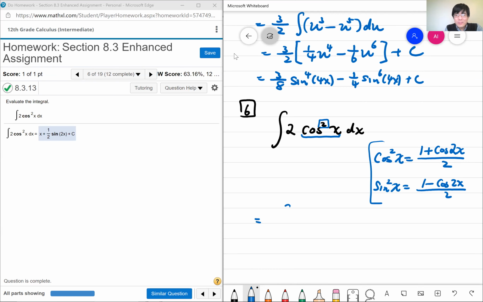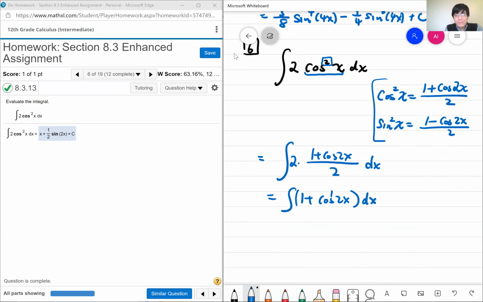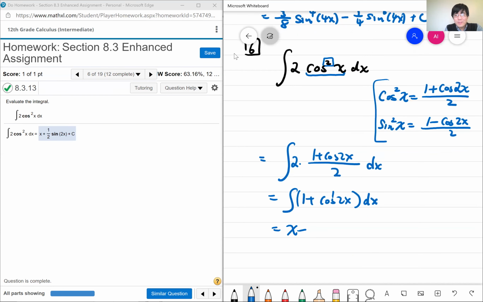So after you do that, it's going to be 2 times 1 plus cosine 2x over 2. Now power is decreased to a single power here. Now you can integrate it. It's going to be x plus sine 2x divided by 2 by chain rule plus c.